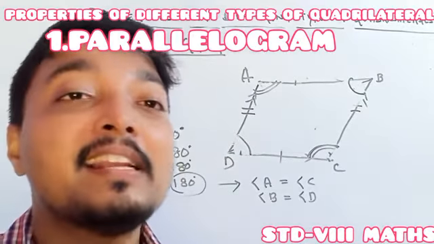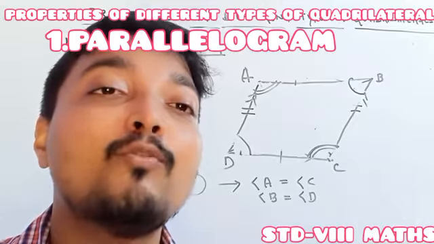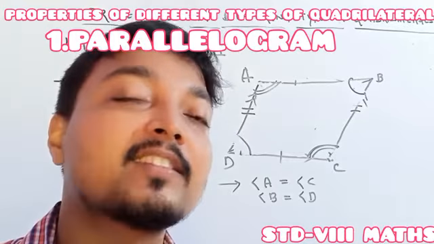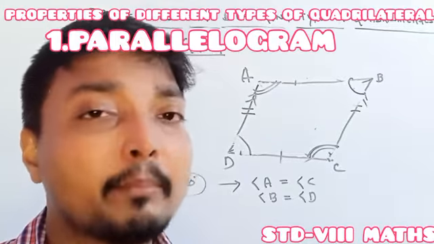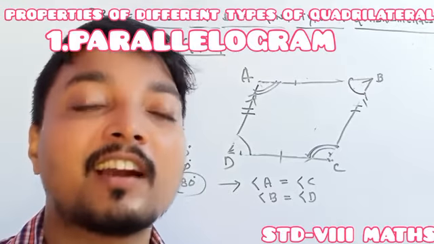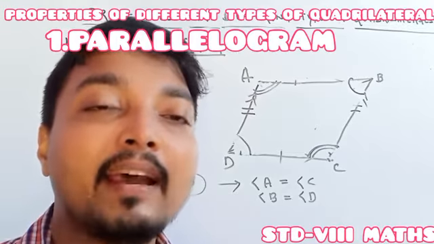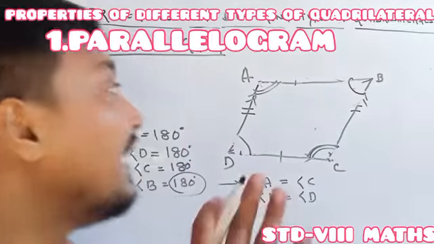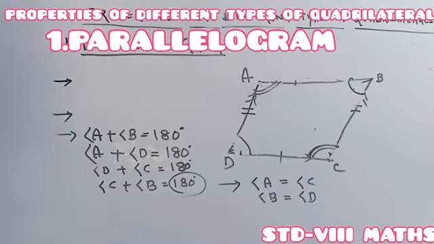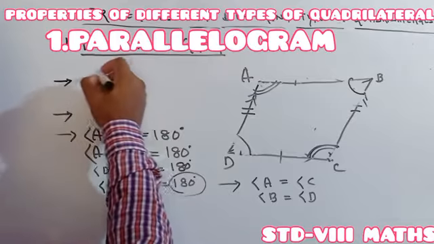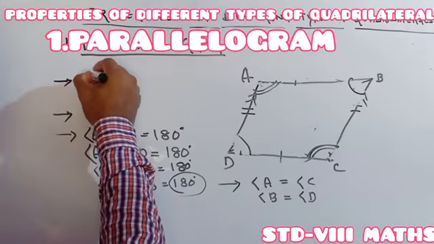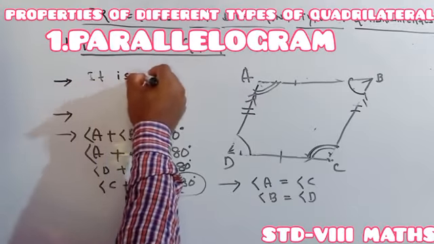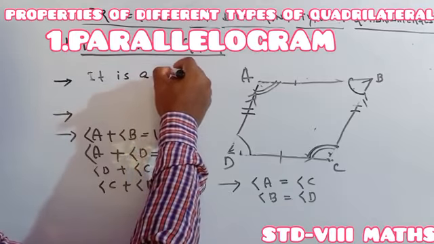All these properties are required whenever anyone asks regarding the properties. I think mostly the question has come that you have to write down the properties of the parallelogram. So you have to write the properties just like I said, and the upper two properties I said orally. It is a quadrilateral.